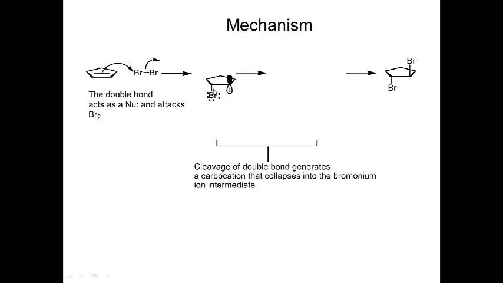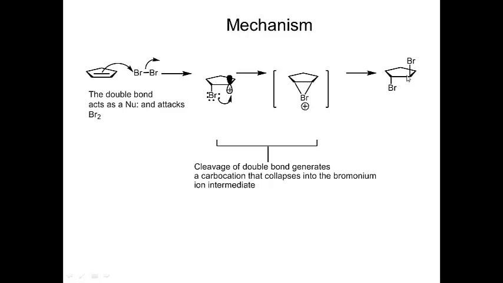However, it doesn't stay that way. Bromine actually attacks the carbocation and gives me what we call a bromonium ion intermediate. This intermediate is common to every halogenation reaction. Now this intermediate can get converted into the product, which is here, right?